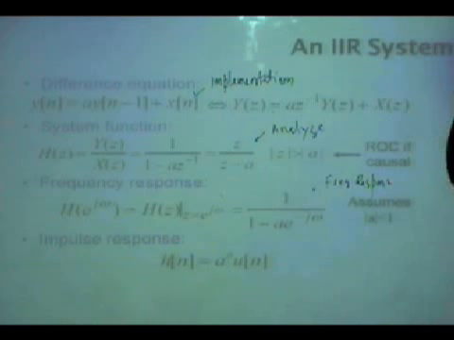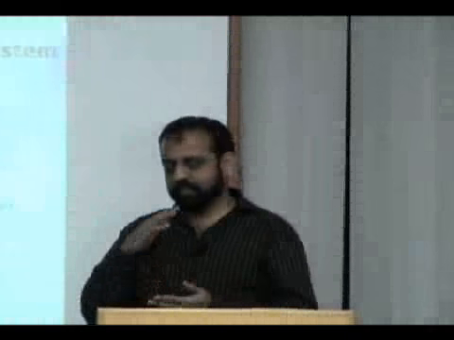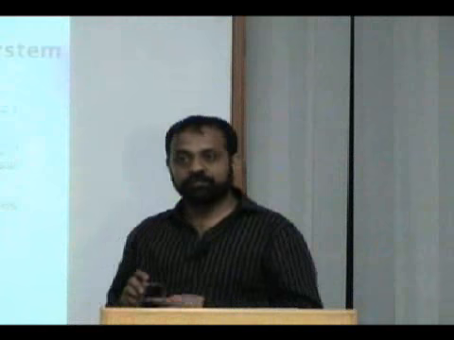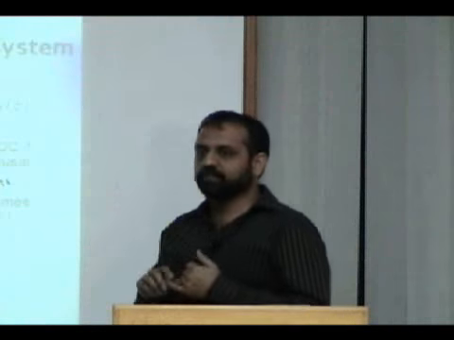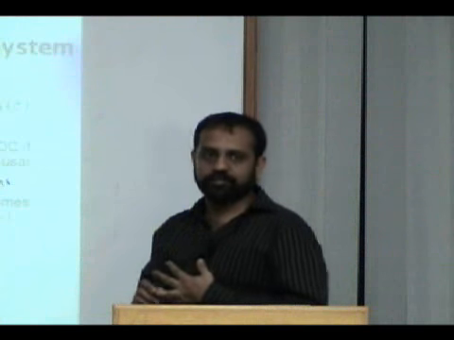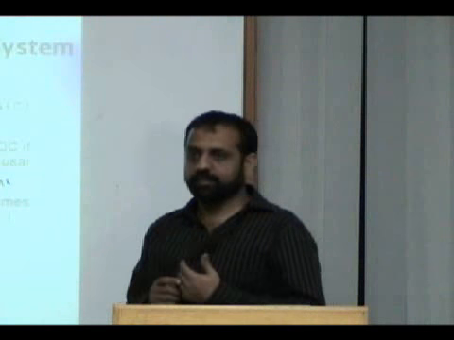If it is unstable, it will diverge, otherwise it will converge. But once we talk about a system, okay, whether it is a dynamically varying or adaptive system, we always talk about the difference equation and the system function and the frequency response and maybe the impulse response.